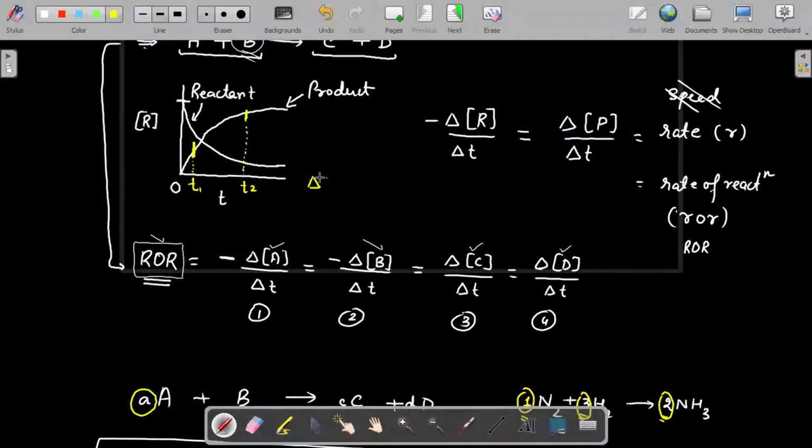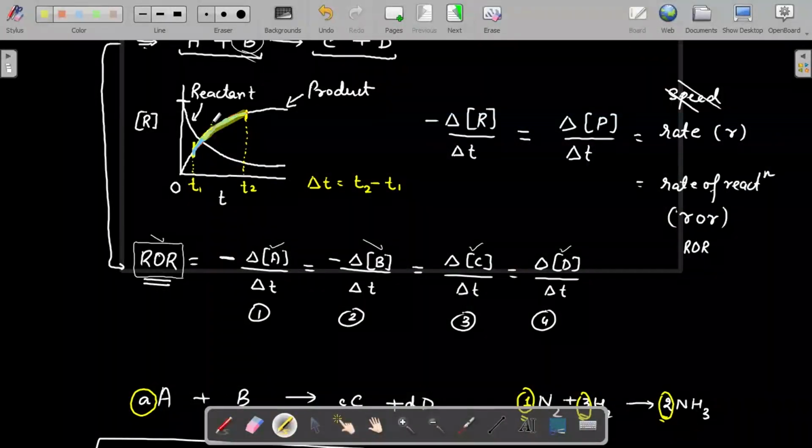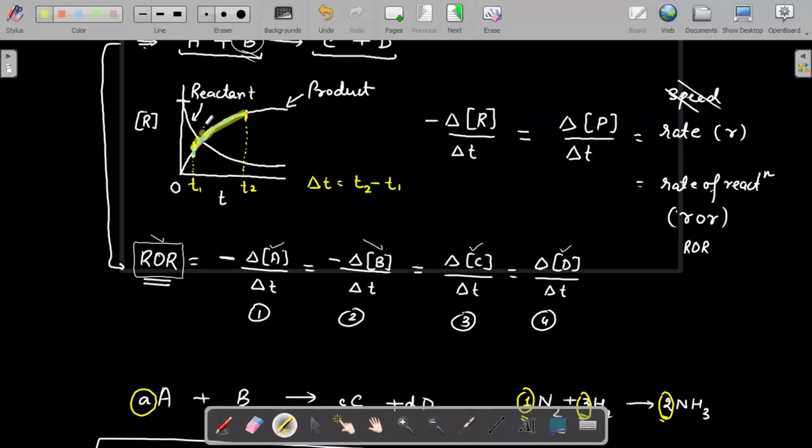Delta T is the final time T2 minus time T1. So we are actually finding the ROR for this highlighted journey, this path. We are finding the rate of reaction.